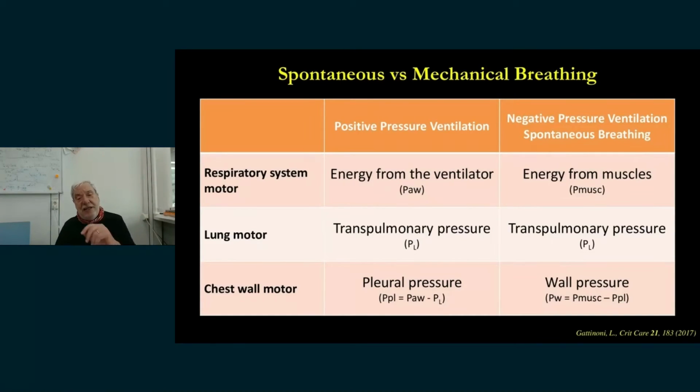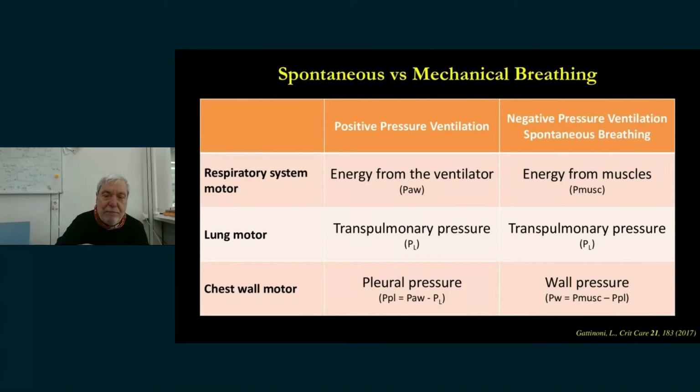Now, just consider this slide, which I think is quite important. Let's say I have a patient in mechanical ventilation. The total energy to move the respiratory system in the patient comes from where? It comes from the ventilator.